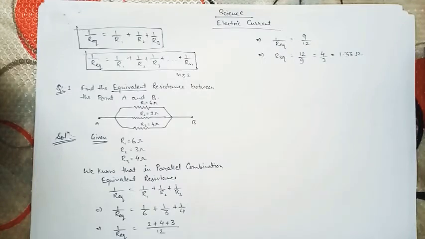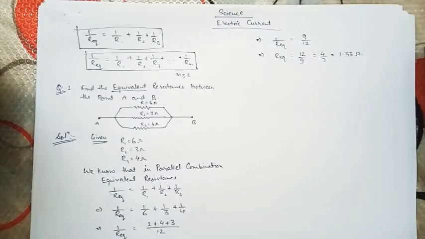To solve that question, if it is given to find the minimum resistance, you must know that if the question is asking about the minimum resistance, then it is about the parallel combination. Because in the series combination we are adding the resistances, so the value of resistance is increasing.